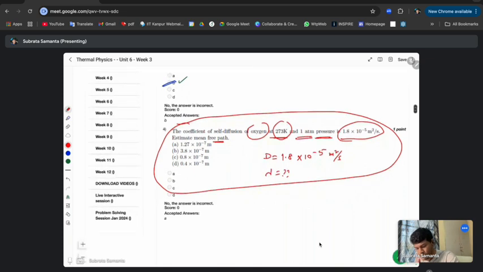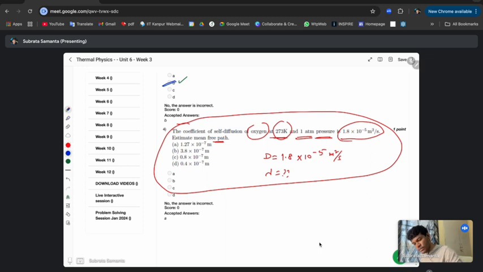So what is the expression of the diffusion coefficient D? How is the diffusion coefficient D related to your mean free path lambda?